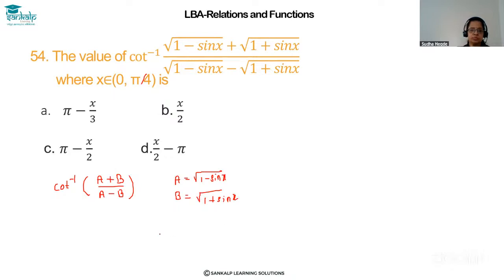Got it? So now consider A plus B divided by A minus B.